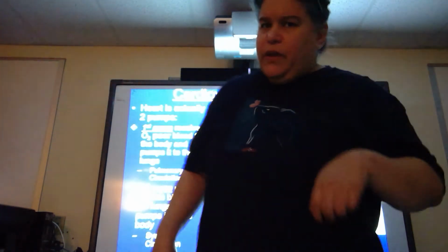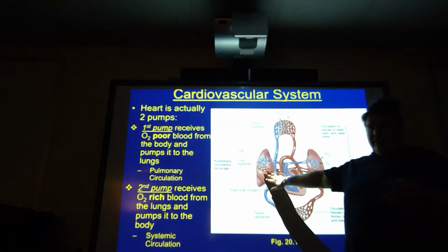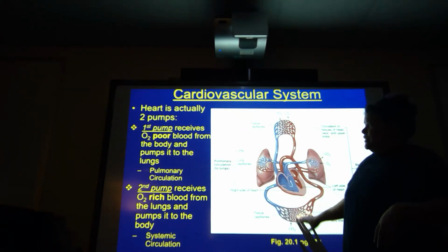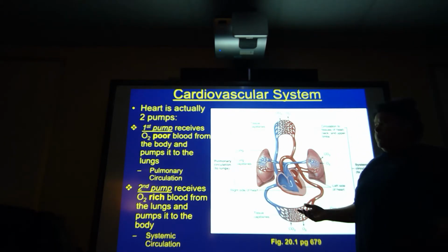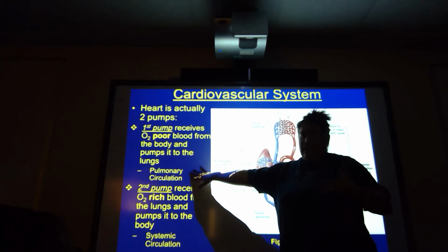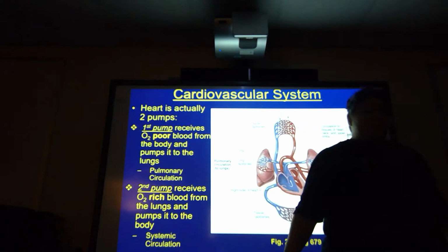So what's a fancy way of saying lungs? Pulmonary. So you've got pulmonary circulation that is actually going to the lungs, and you've got systemic circulation, which is going to the body. So again, pulmonary, fancy way of saying lungs. Systemic, pretty much the rest of your systems in your body.